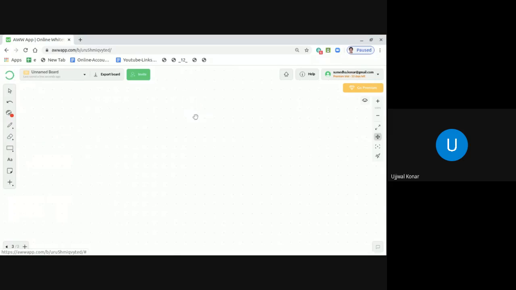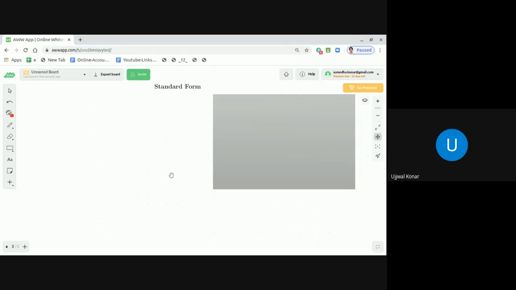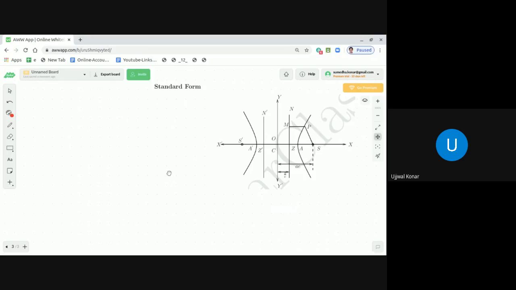So if you look into the standard form, dear students, first, let me give you a visual representation of the standard form, so how it actually looks like. If you look into this visual representation very minutely, this is the portion of the curve.